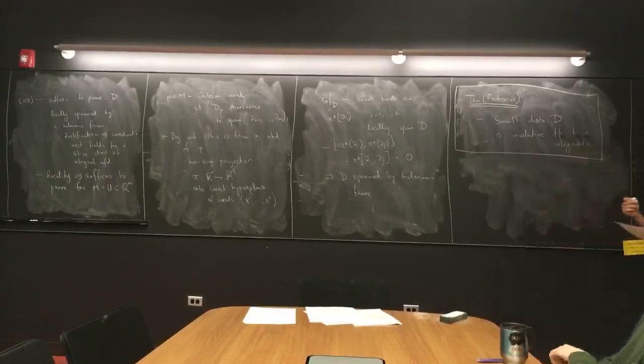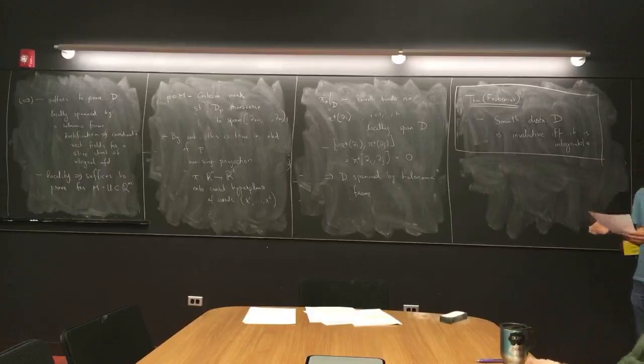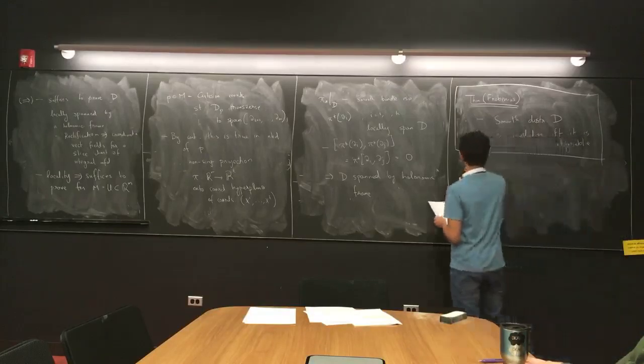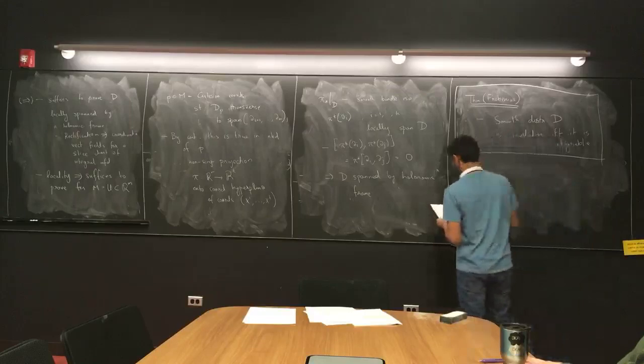For instance, one of the global versions says that a distribution is involutive if and only if it arises from a regular foliation of the manifold. So it also talks about whether smooth manifolds can be foliated or not by looking at distributions. We have a remark.